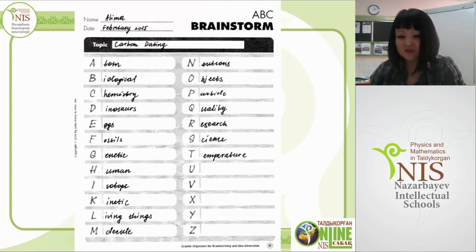More experienced students can have something like this one. You see that there are much more words here: atom, biological, chemistry, dinosaurs, eggs, fossils, genetic, human, isotope, kinetic, living things, molecule, neutrons, objects, particle, quality, research, science, temperature.